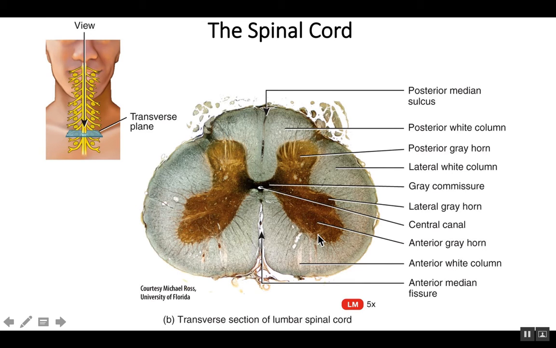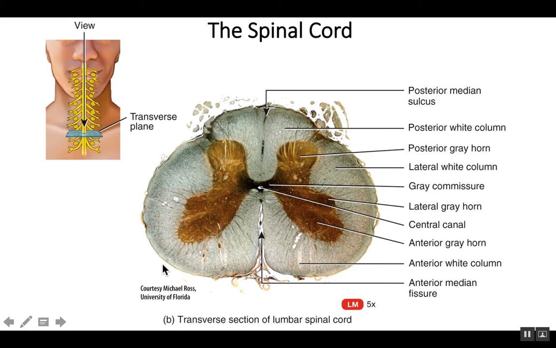So a lot of nerve impulses might enter one side of the spinal cord, but then decussate to the other side in order to go up to the opposite side of the brain, because the brain controls largely the opposite side of the body. The brain works contralaterally. So sensory information coming in on the right side has to cross over to get to the left side of the brain.